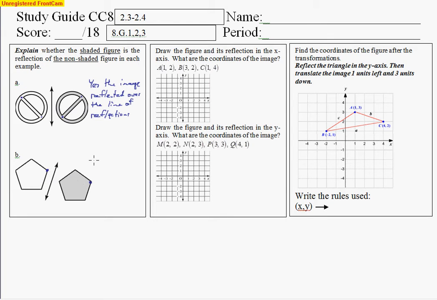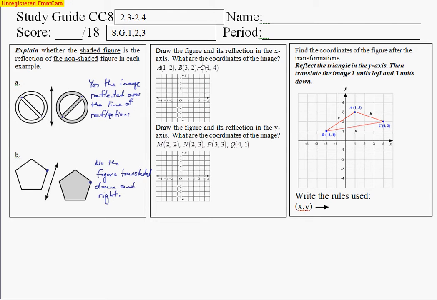So in this case, I would say no, the figure slid, or translated, we'll say. No, the figure translated down and right. So definitely not a reflection there.